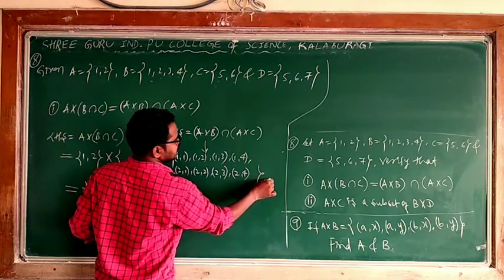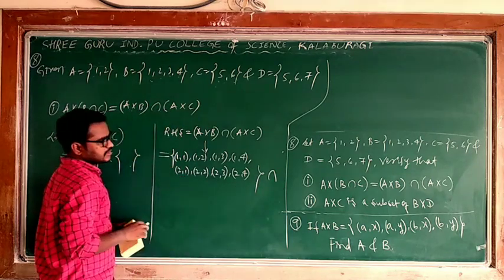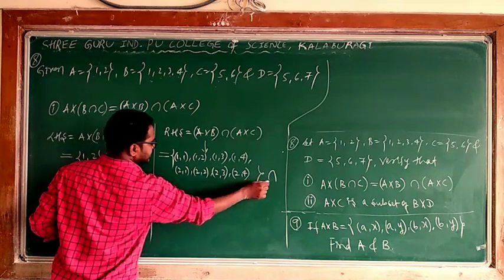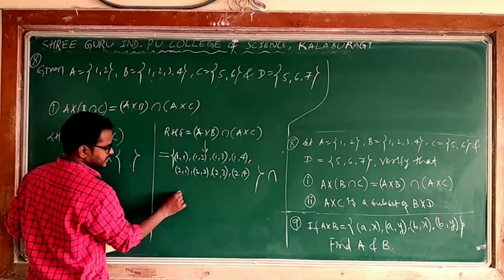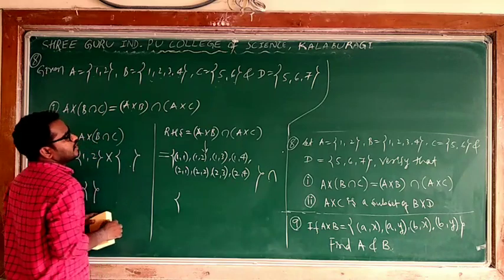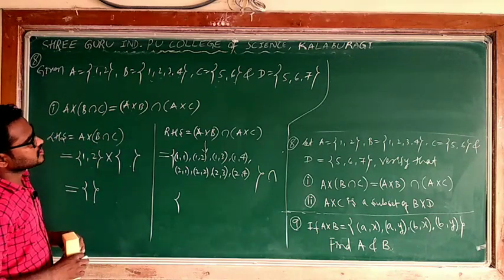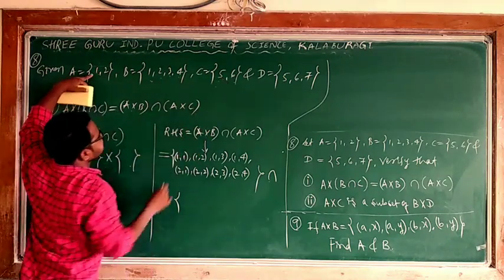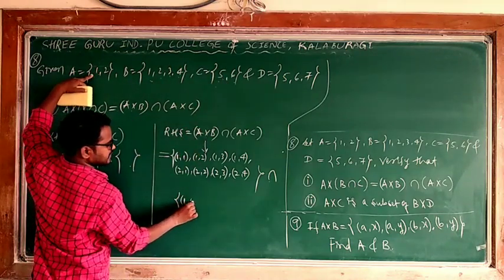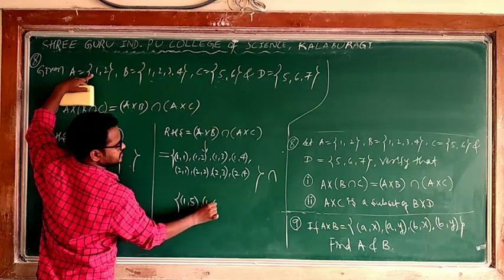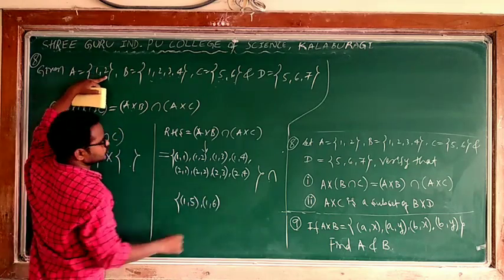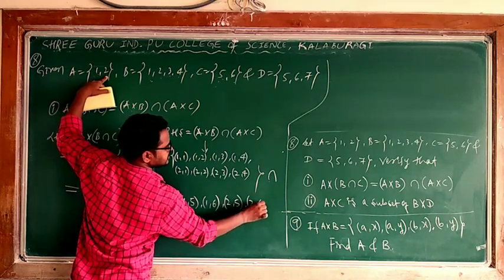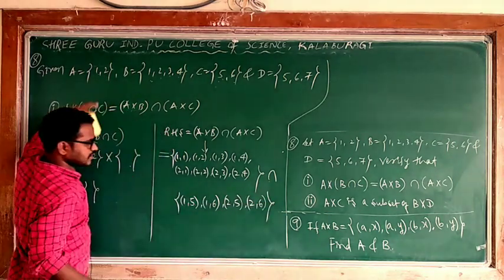In between is the intersection. Now I will write A cross C on this side. A cross C means (1,5), (1,6), (2,5), (2,6). Over.